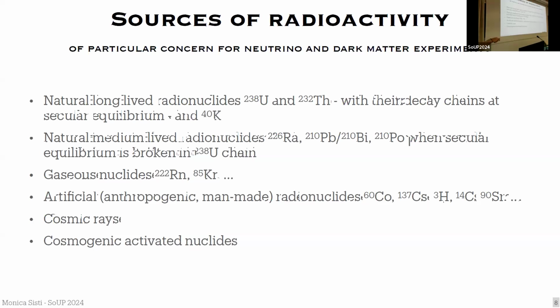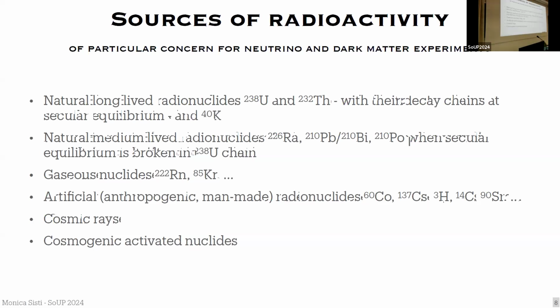We have injected a lot of cesium and strontium in the environment. So their abundance, especially of cesium, tritium, and strontium, comes from these injections from humans.